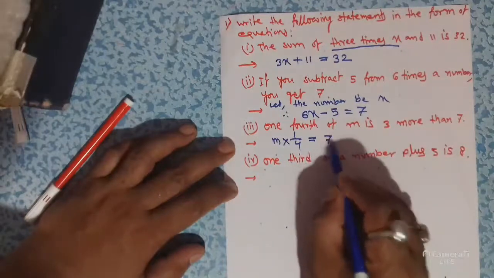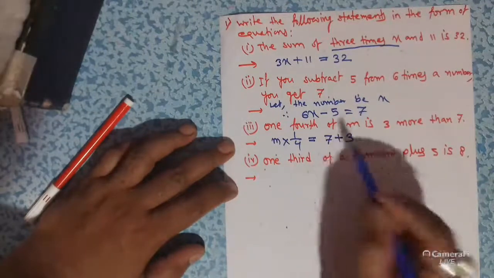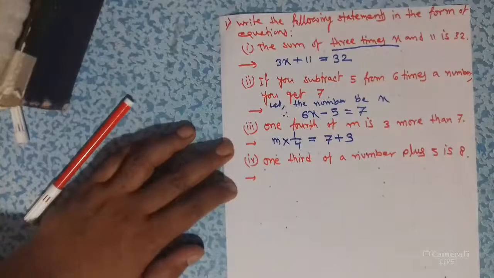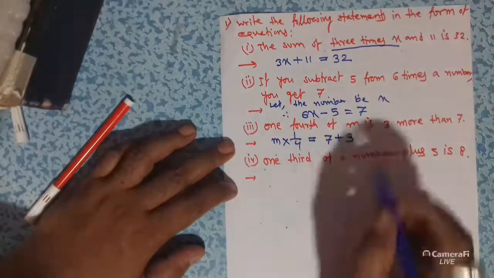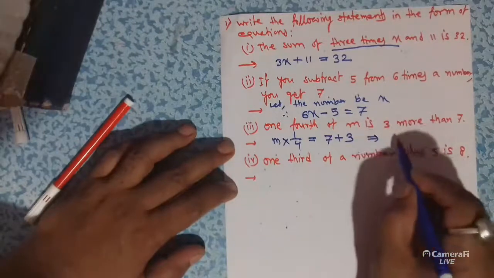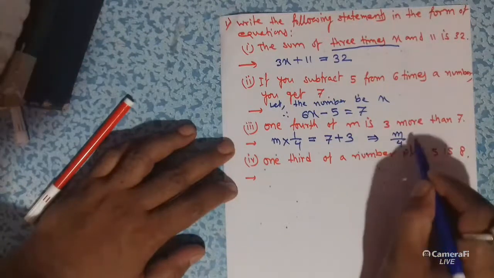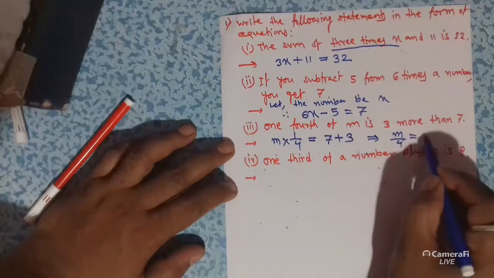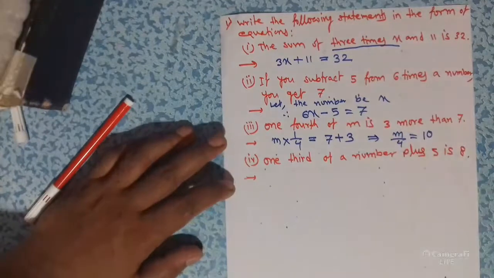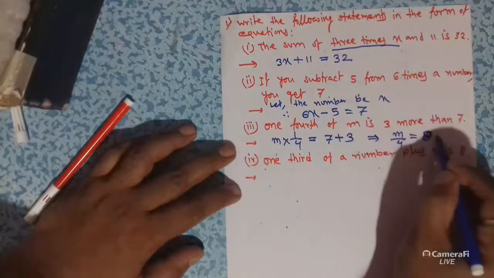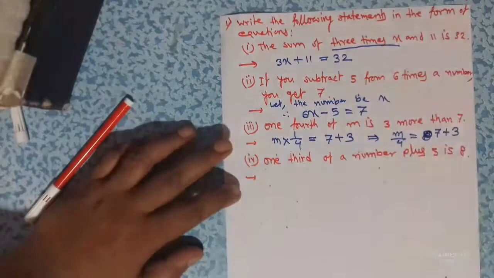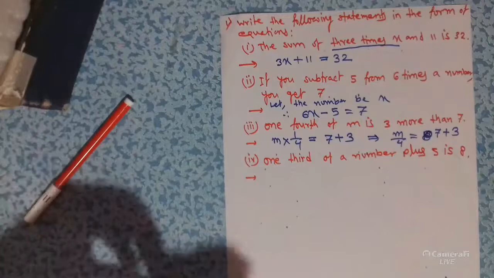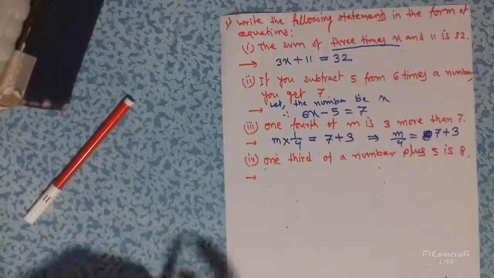That means you have to add 3 with 7. So m into 1 by 4 is equal to 7 plus 3, or else you can write m by 4 is equal to 10. Or you need not calculate it, you can write 7 plus 3. So m by 4 is equal to 7 plus 3 is the right answer.